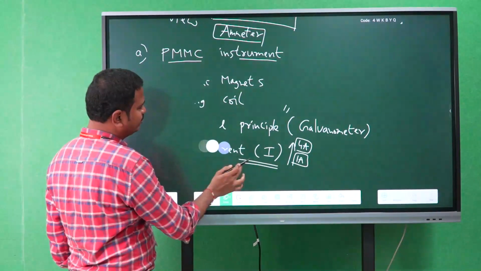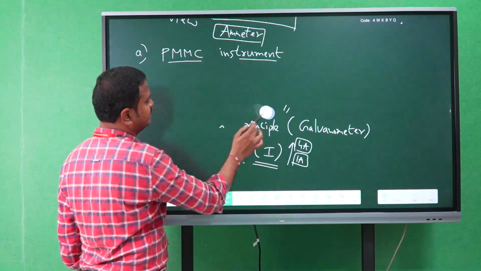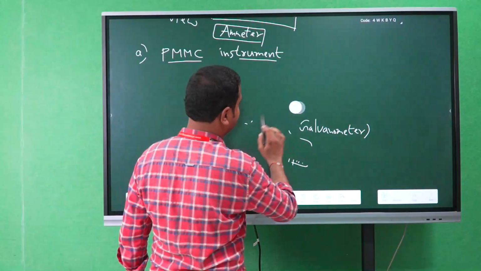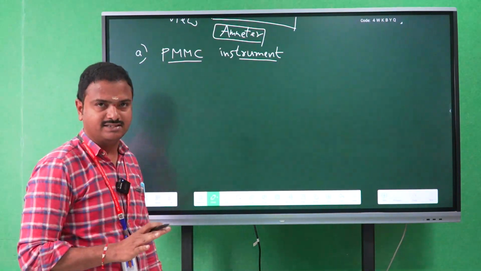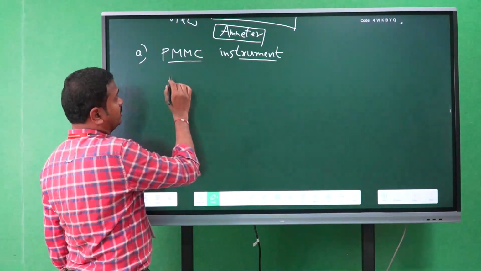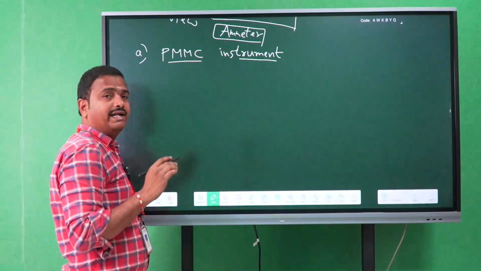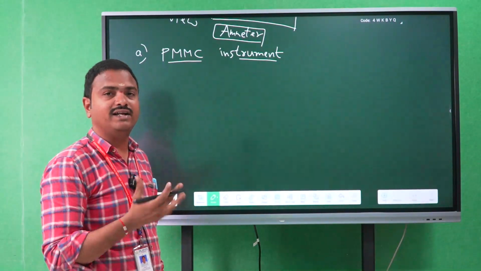Now, for the permanent magnet moving coil, we need three systems, right? One is the deflecting system, the second is the controlling system, and the third is the damping system. In the PMMC, we are using an electromagnetic system for the deflecting system.